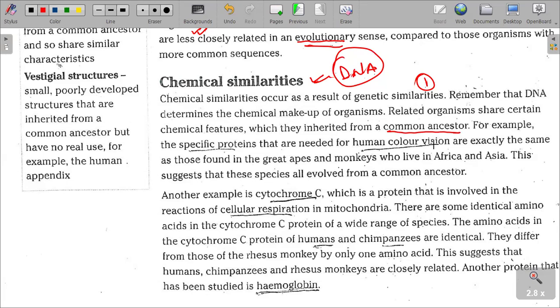For example, the specific proteins that are needed for human color vision are exactly the same as those found in the great apes and monkeys that live in Africa and Asia, which suggests that these species evolved from a common ancestor.